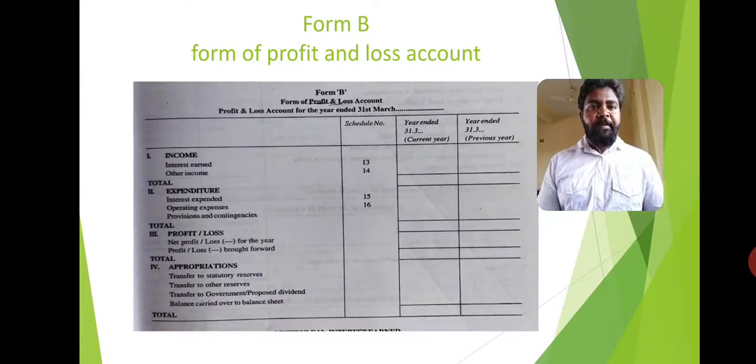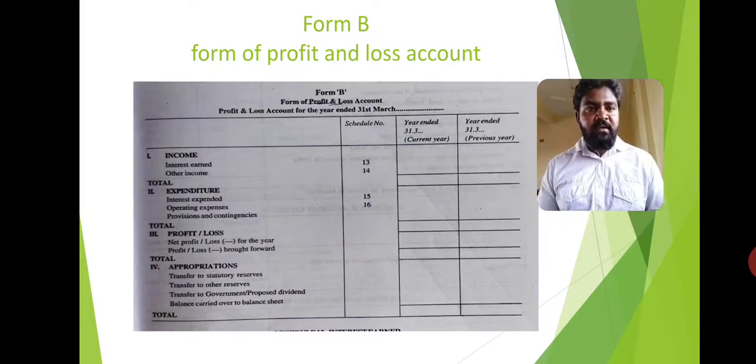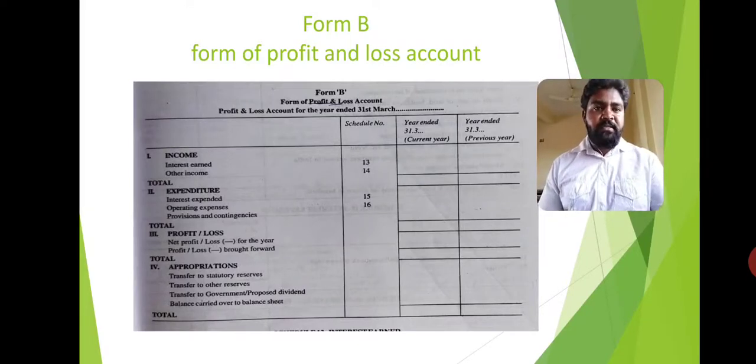Now let's come to the format of the profit and loss account. Listen here, it's Form B, that is the form of profit and loss account. For the year ended 31st March, the year you should mention. Here also schedule numbers we should compulsorily mention, and current year and previous year.